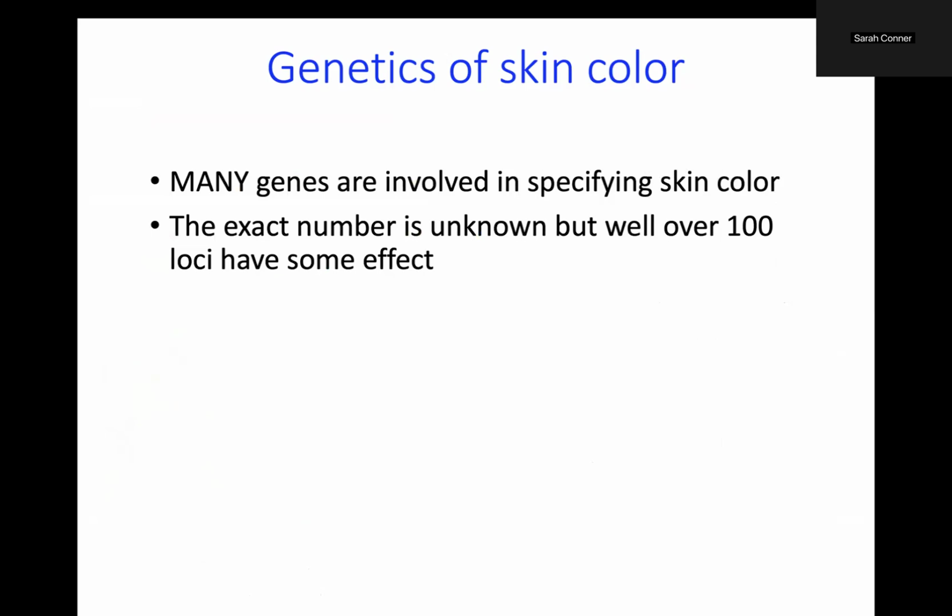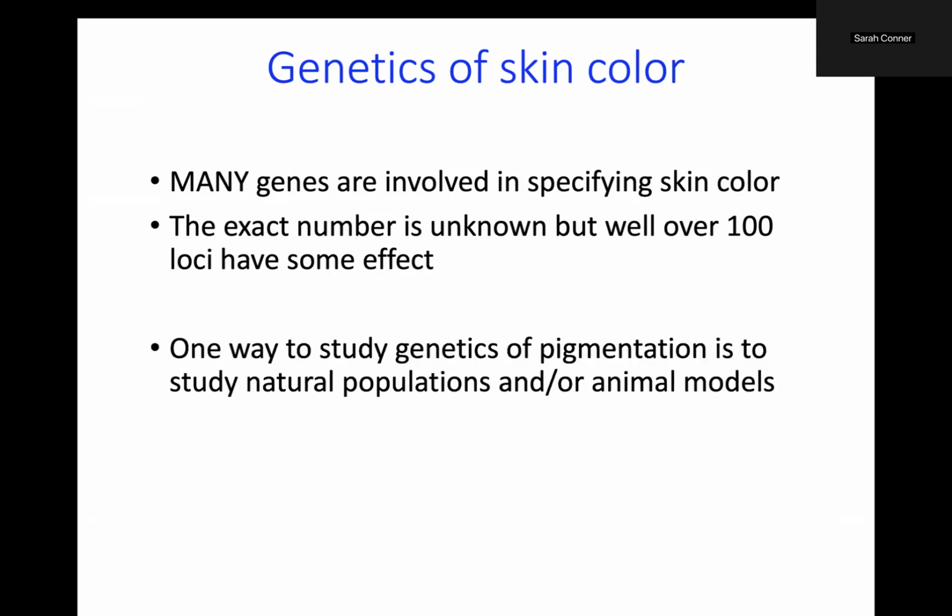So he looked at the genetics of skin color and how many genes are involved. There are about 100 loci, but we don't know for sure how many actually affect what the skin color is. But it also refers to pigmentation. So natural populations or animal models are included in this.